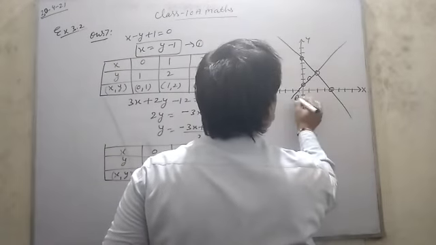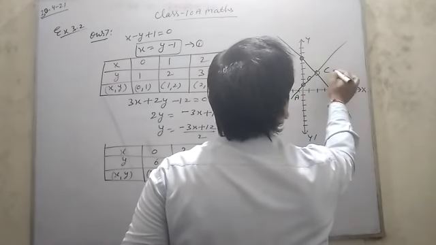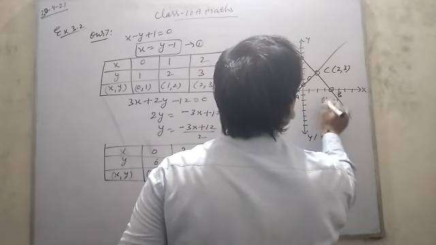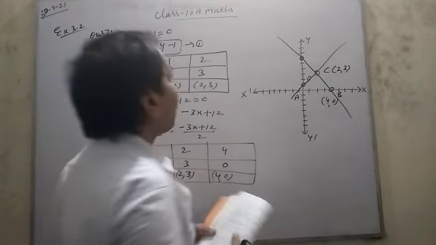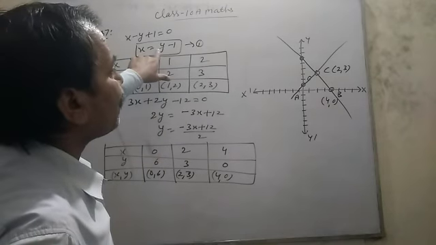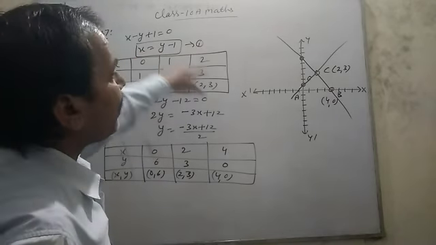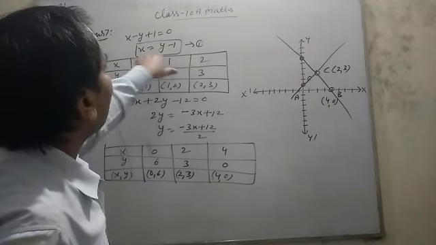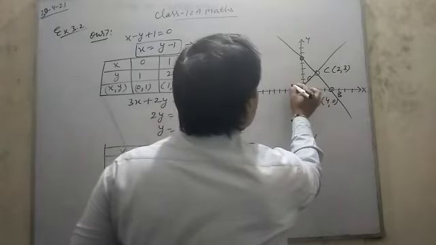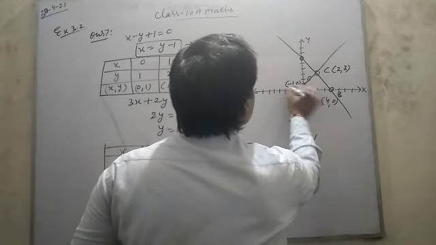So you name the points A, B, C. C is (2, 3) and B is (4, 0), and this also we check: if y = 0 in x - y + 1 = 0, then x will be minus 1, so this point is (-1, 0).